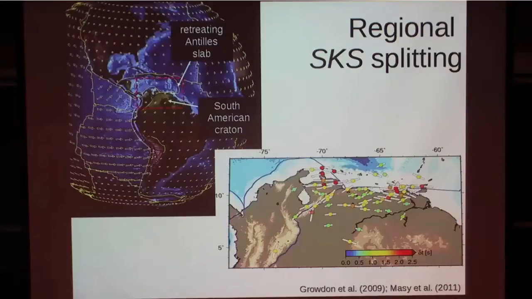And then the question: we talked about upper mantle, and of course the SKS wave can have accumulated the delay time anywhere along its path coming in from the core-mantle boundary. And there are, of course, indications of anisotropy at the core-mantle boundary, close in the D-double-prime layer. And I think Maureen Long is going to talk about this more.